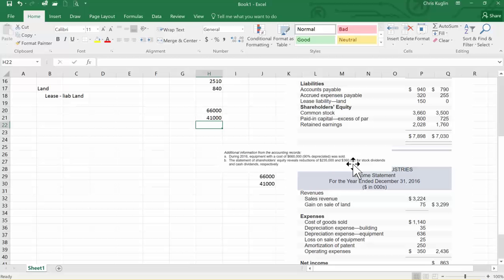But the $360,000 for cash dividends came out of retained earnings. That does affect our cash flows. Stock dividends do not affect cash flows. Cash dividends do. They are an outflow for financing activities.